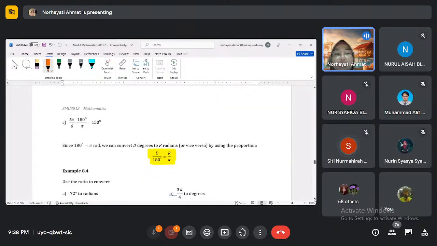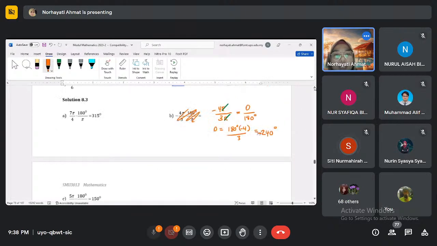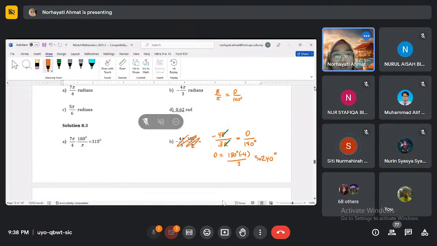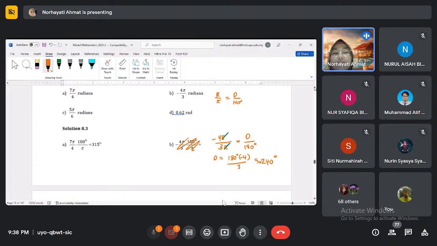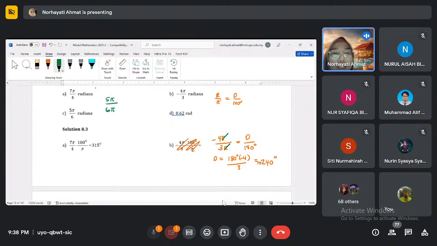Okay. C saya dah buat kan? So C is 150 degree. Kita gunakan konsep yang sama. So 5 pi over 6 pi equals to D over 180 degree. So kita cross out pi.